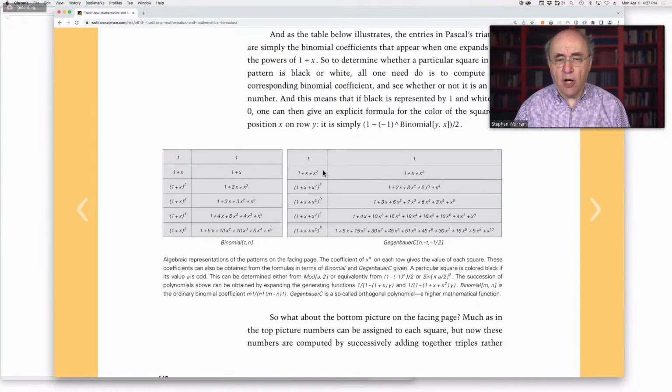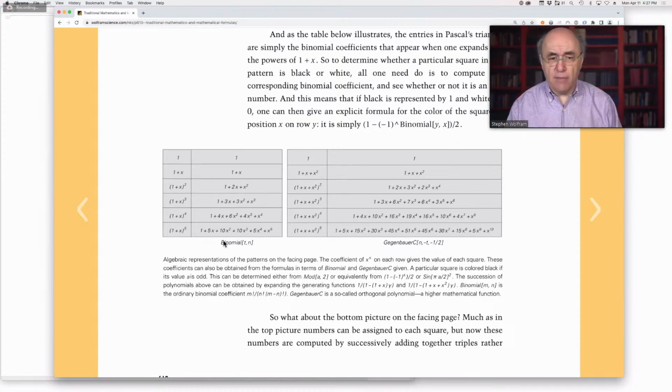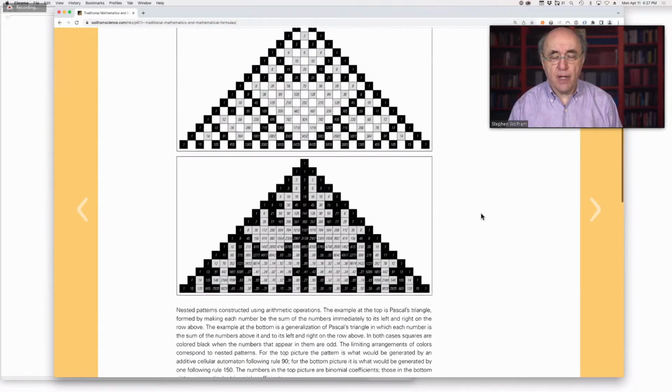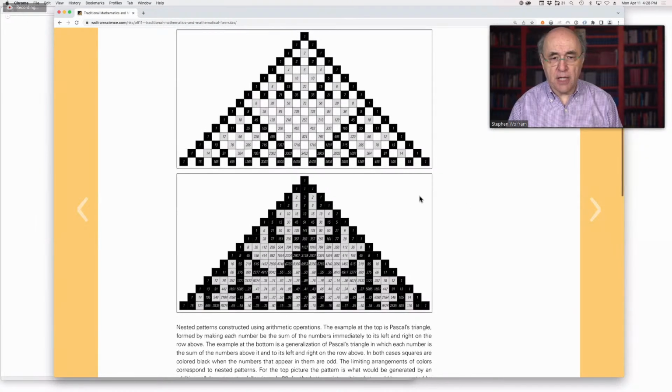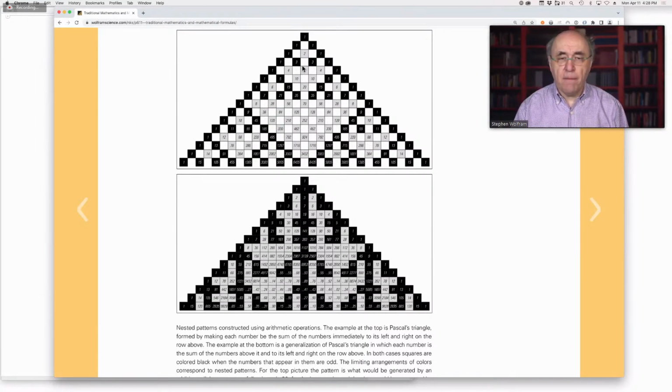In the case of Rule 150, there's again a formula, but now it's a Gegenbauer polynomial, a slightly more elaborate kind of mathematical function, not just a binomial coefficient. But that's a case where math can reach it, so to speak. Okay, that's showing Pascal's triangle. That's showing the fact that you can just compute this with integers, and if you take the integers mod 2, you'll get this pattern.